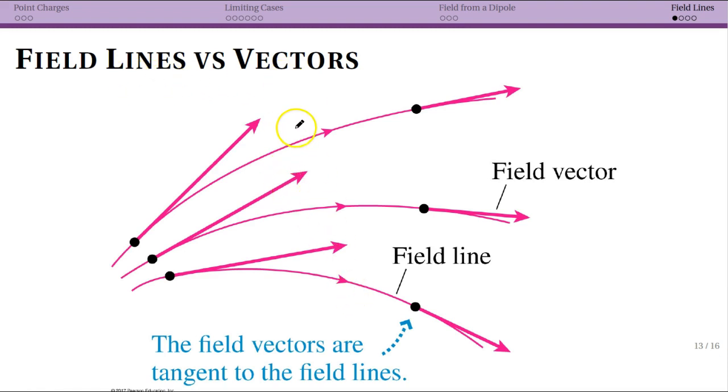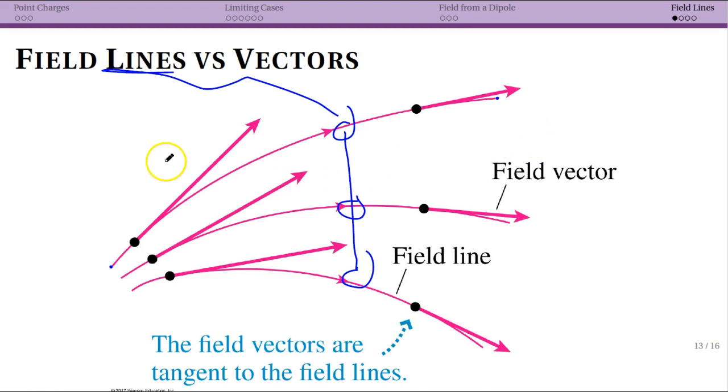So first, here's a picture. We're not worrying about what's causing this field, but we're just going to talk about what's going on with the field. So these here, 1, 2, and 3, are our lines. And so it has kind of a start and it has an end. Now, one thing in general is that field lines need to start and end on charges.